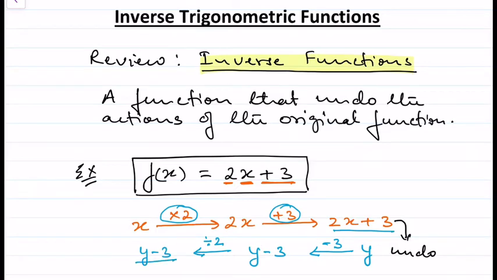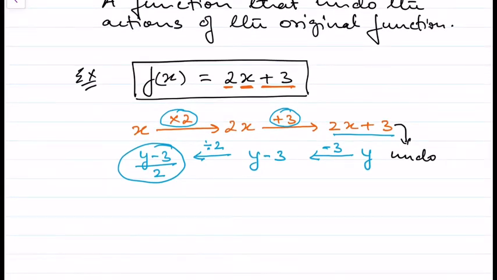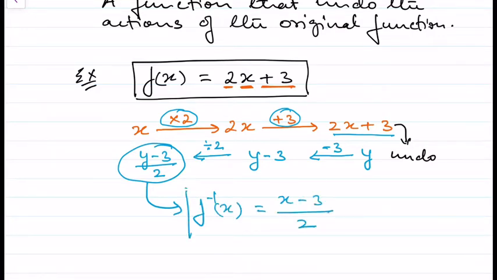So (y - 3)/2 will be f inverse x. We just need to replace y with x. So f inverse x is (x - 3)/2.